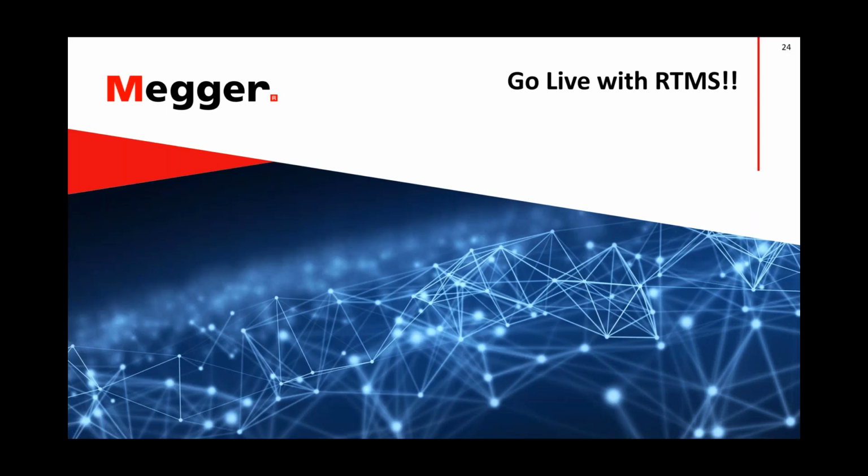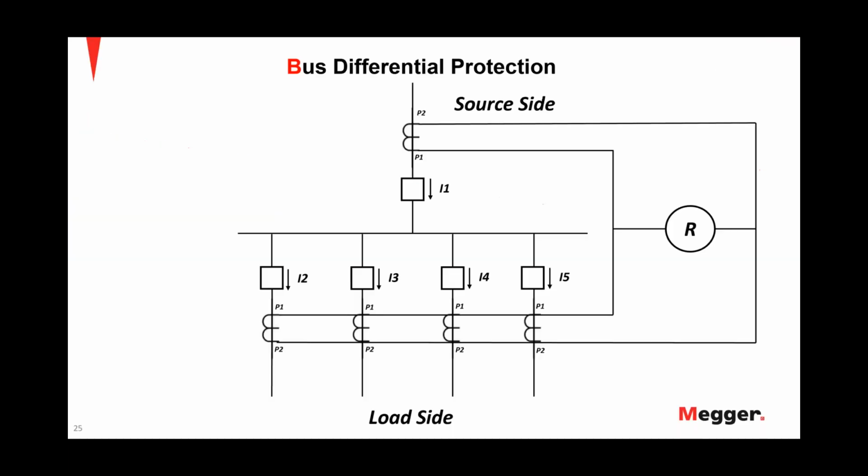In the second half of the webinar, I'm going to talk about the bus differential protection. What I have here is a simple representation of the bus differential scheme. Like David explained before, the differential protection works on the principle of KCL.